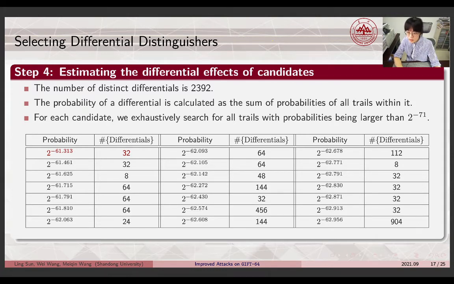After controlling the time complexity of the attack, in the fourth step, we focus on the data complexity, which is affected by the probability of the distinguisher.